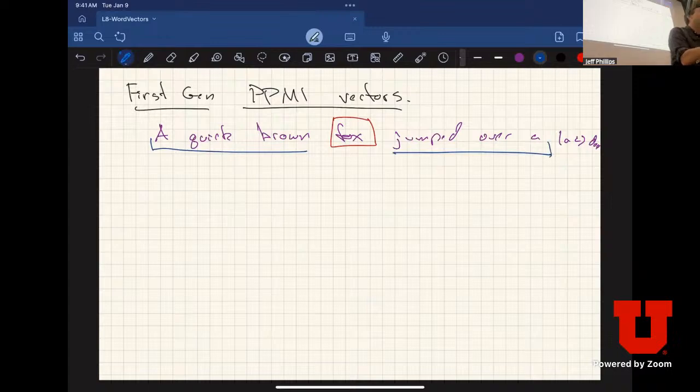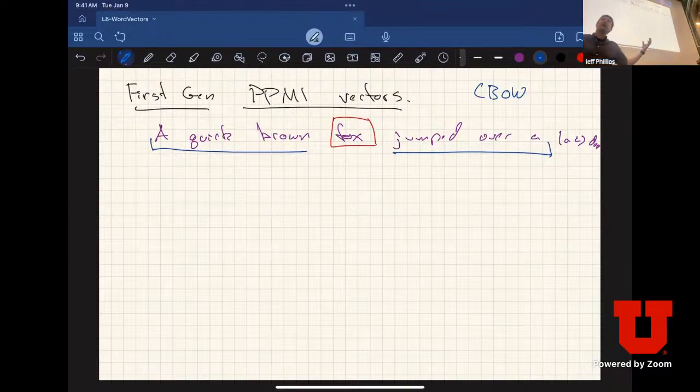Remember this continuous bag of words thing I mentioned earlier in the semester, that one way of building this context is to look at all the instances of the word fox.